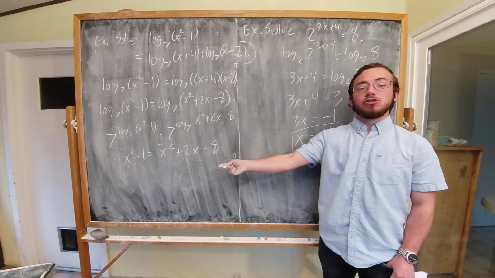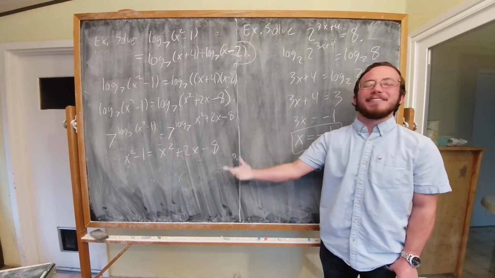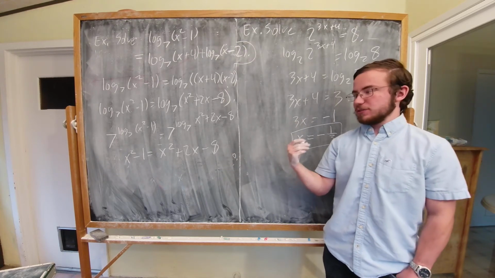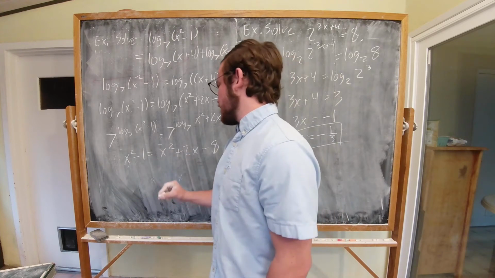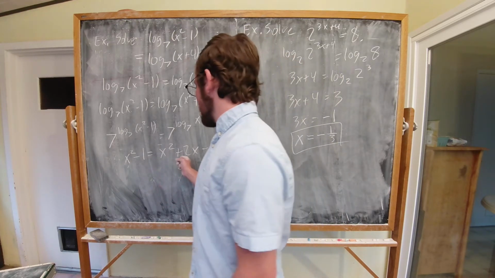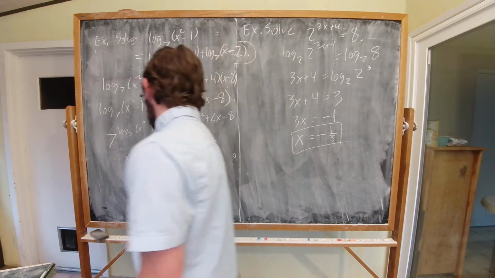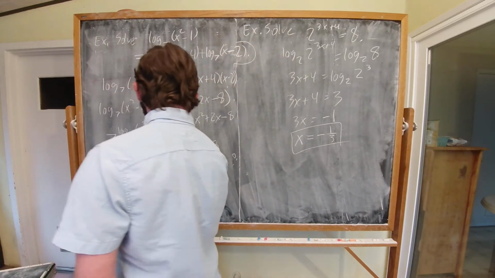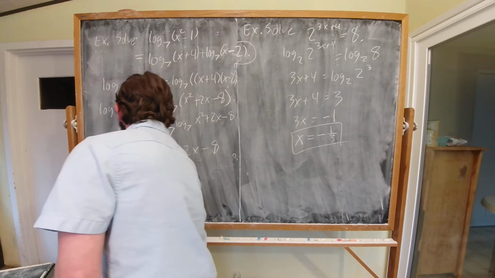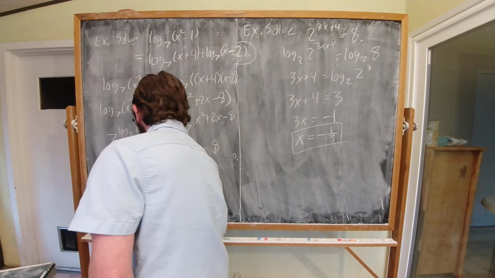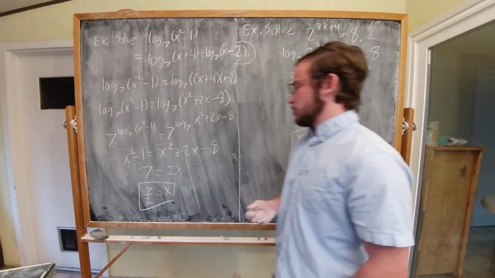Back in just normal variable world, where everything is nice, where we know how to work with things. Getting everything onto the proper side, let's subtract the x squared on this side and let's add the 8 on that side. We get 7 is equal to 2x. So it turns out that x is just 7 divided by 2.